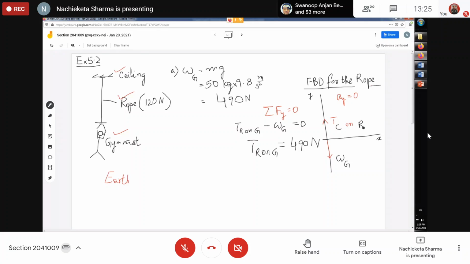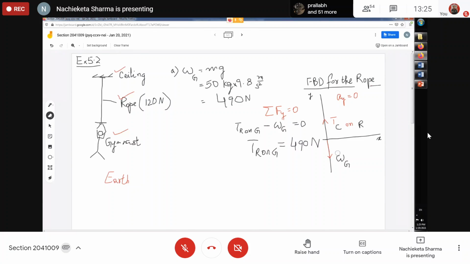And now you see, the rope has a mass, and there is the earth. The gymnast is pulling the rope, so I will show T_G on R. Just wait.